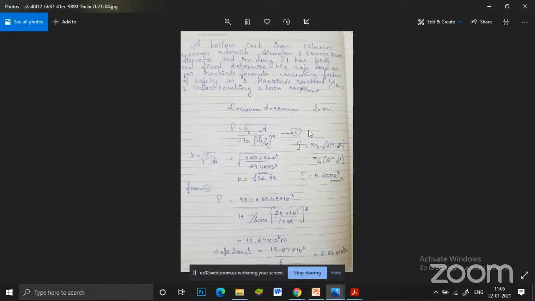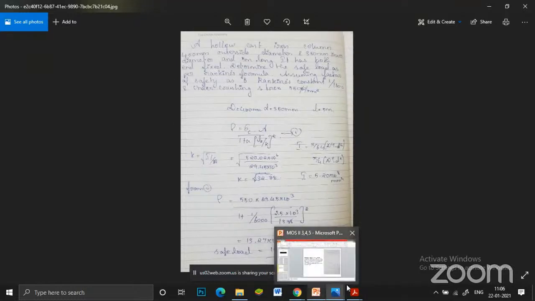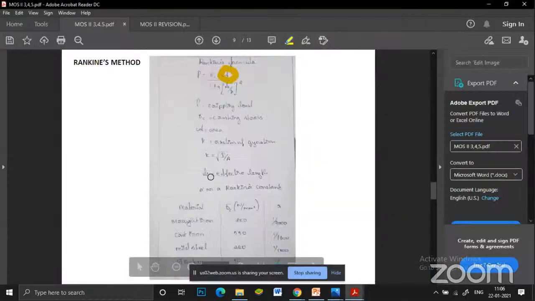Determine the safe load as per Rankine's formula. Assuming a factor of safety, as I have already told you, for Rankine's formula, at the last page we have seen the values of the crushing stress for wrought iron, cast iron, mild steel, and timber, as well as the Rankine's constant.